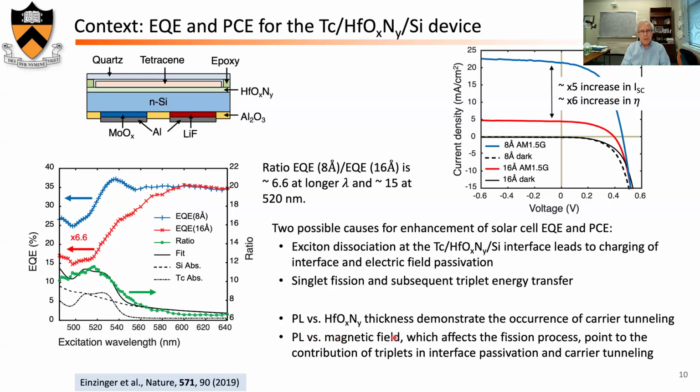As you know, applying a magnetic field can affect the fission process and diminish the formation of triplets. So out of these experiments, it is quite clear that both singlet fission and transfer of the triplet to the silicon, as well as interface passivation, are important in the process.